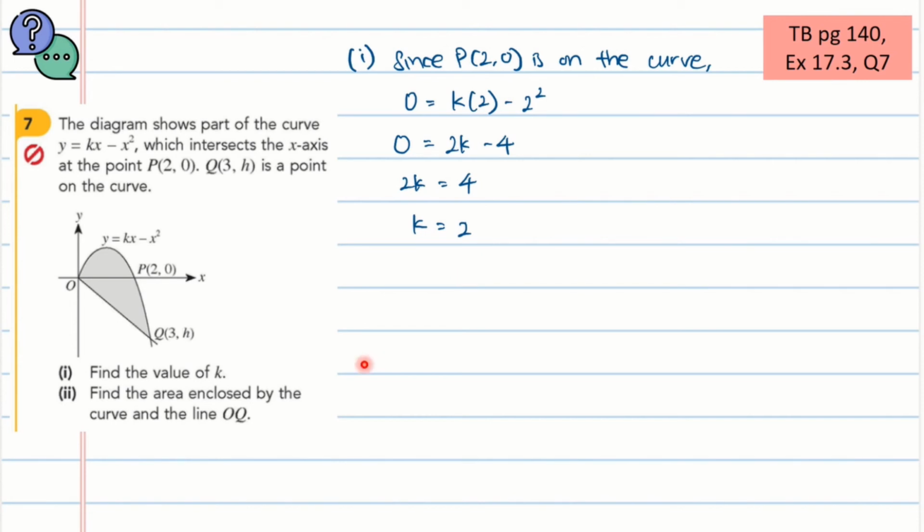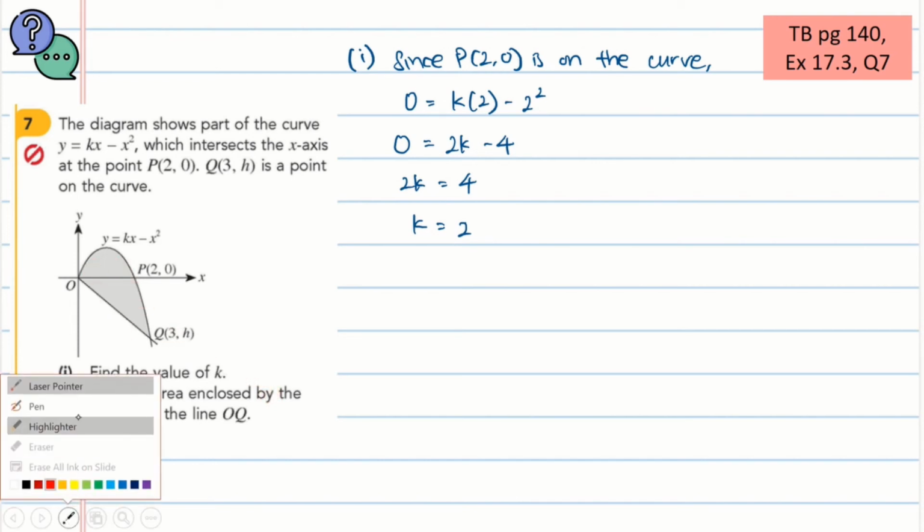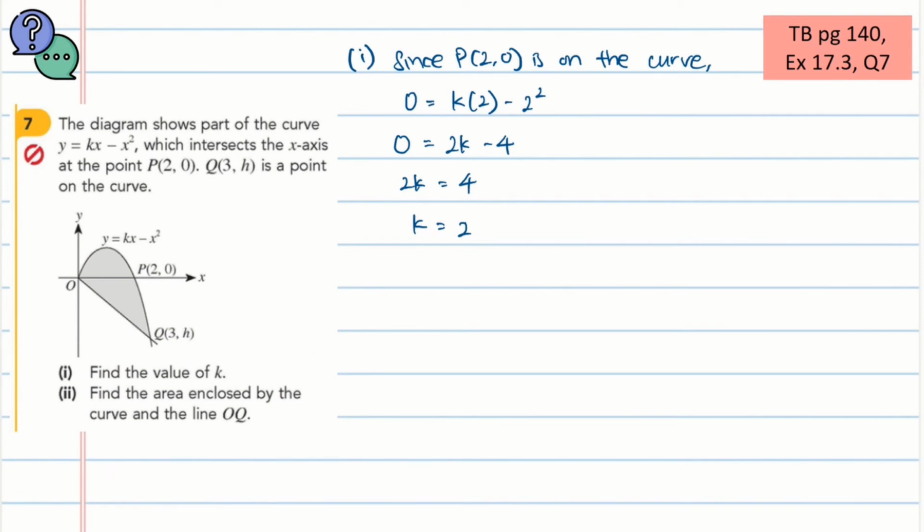Now the main challenge over here is to find out the area enclosed by the curve. So let's develop a strategy to solve this. Do keep in mind that whenever we say area under the curve, it is bounded by the x-axis. So the area under the curve here only stops at this part.